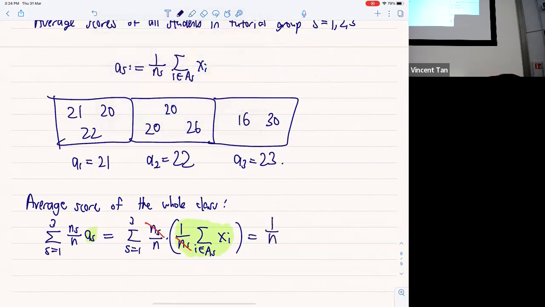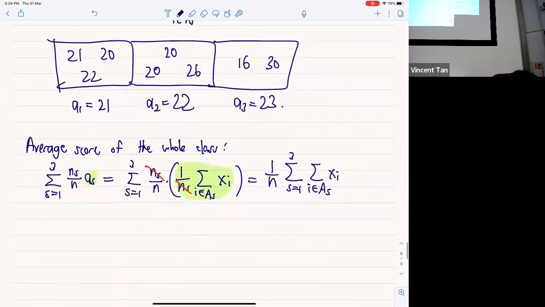This becomes 1 over N. And now we have the sum over all tutorial groups, sum over all students in tutorial group S, of xi. This double sum is summing over all tutorial groups, and then summing over all students in each tutorial group. So this is summing over all possible students, xi. So this is A, the average score of all 7 students.